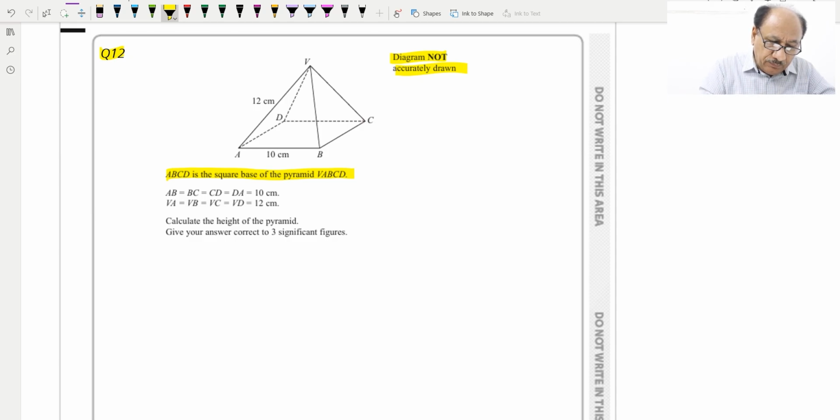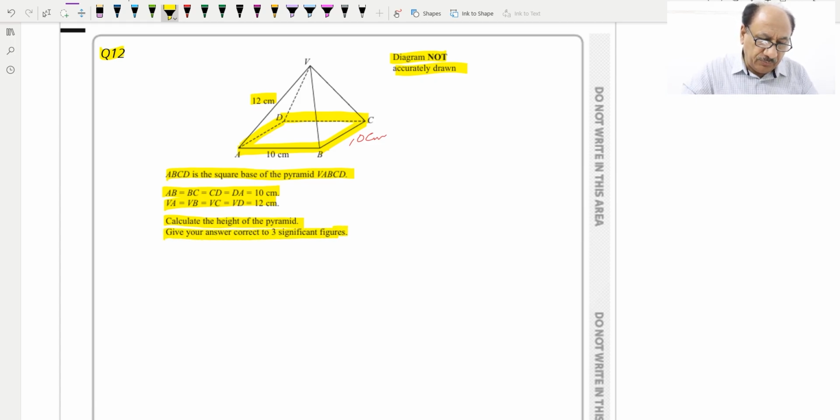So this is A, B, C and D. This is a square base pyramid, and each side is 10, so this side is also 10 centimeters, and all 4 sides are 10 centimeters. Then it says AB equals BC equals CD equals DA, which is 10 centimeters, and VA, all the slanting heights, are 12 centimeters. This is what they have mentioned. Calculate the height of the pyramid. Height of the pyramid is required, so give your answer correct to 3 significant figures.